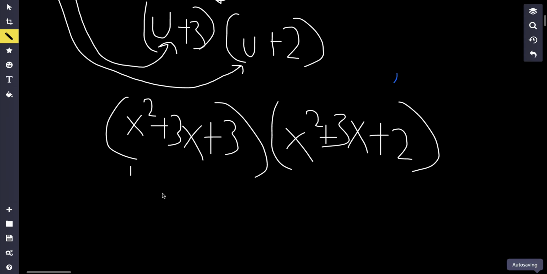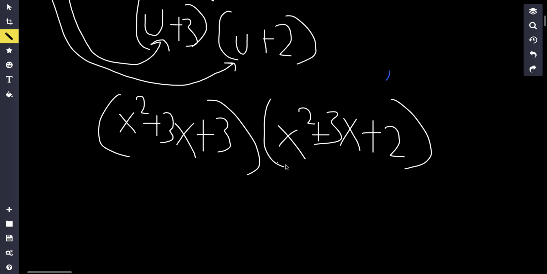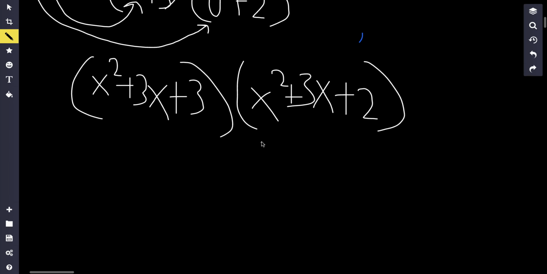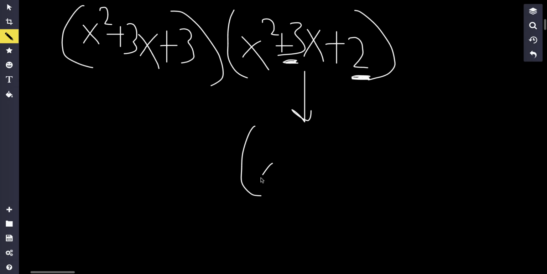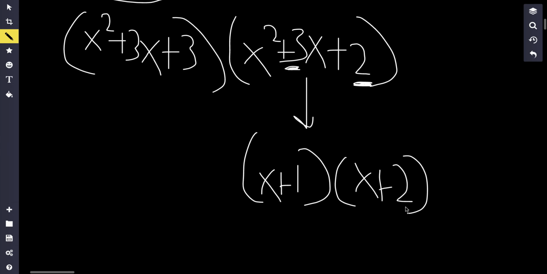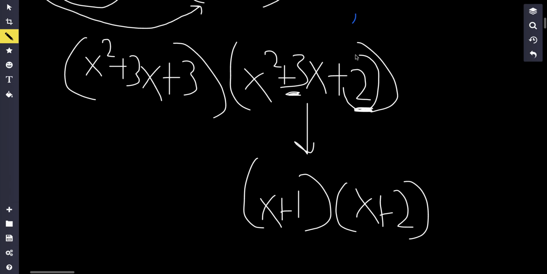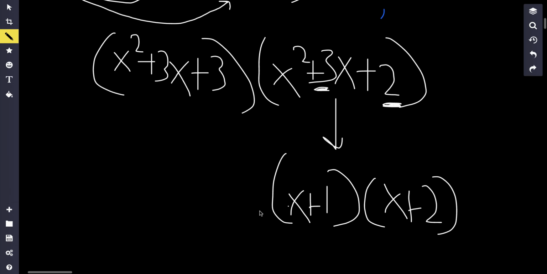Now, we can't actually factor this part of the expression, but can we factor this part of the expression? What are two numbers that multiply out to be 2 and add up to be 3? That's just going to be x plus 1 times x plus 2.